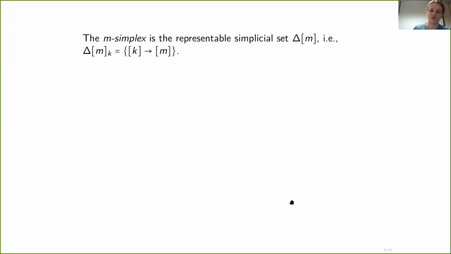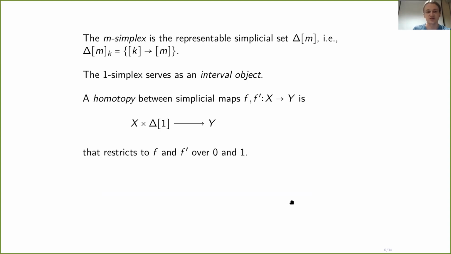There's also a bunch of non-face operators, non-injective ones. Those are degeneracies of the top simplex of all these various faces.